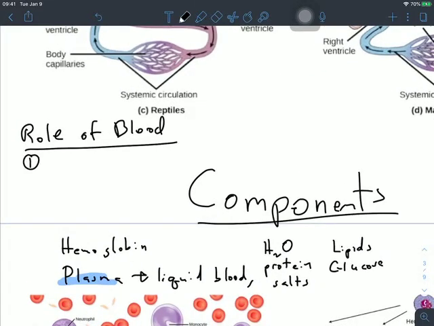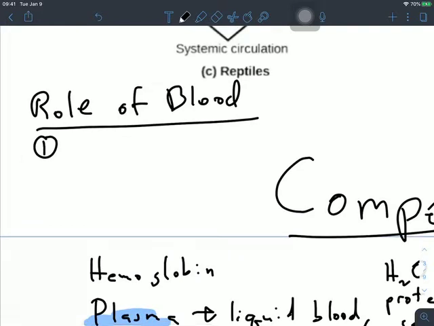First and foremost, the role of the blood is to stabilize different aspects of chemistry, like pH, like osmotic potential, make sure that there's enough water, and temperature. So blood is there to make sure that all of your homeostatic factors are present. The pH that you expect, the temperature that you expect, and the amount of water that you expect.